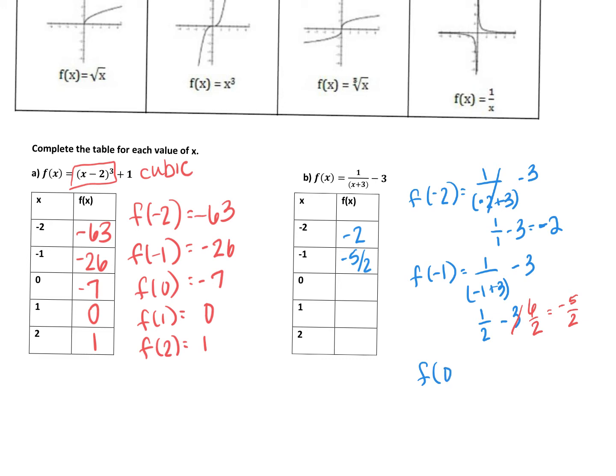F of 0 is equal to 1 over 0 plus 3, minus 3. So this is just 1/3 minus 3. And again, we need to convert this number right here into a fraction that has thirds. So multiply 3 by 3, we get 9. So this is just 9/3, and it's equal to 8/3.